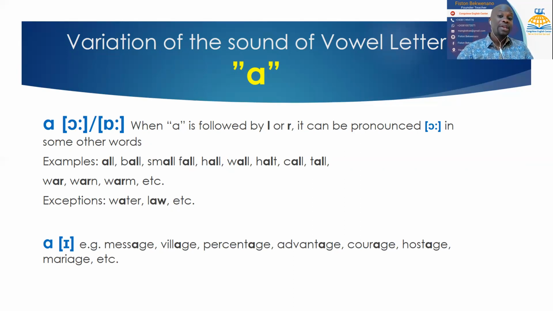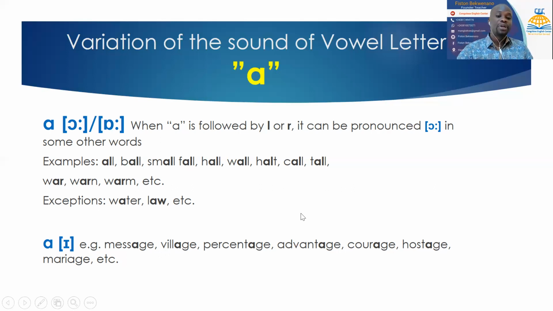And the case where a is followed by r, it's like war. We have warm. So all those words can have the sound of o where a is followed by r. So that's it. And exceptions are like water. So the a itself is pronounced like a long or, but it's pronounced like water. British can say so. And we have law.